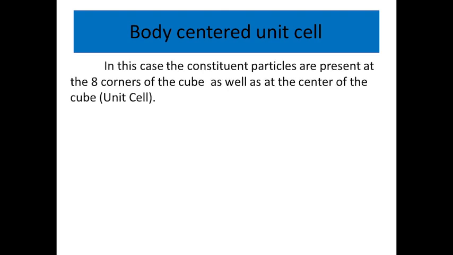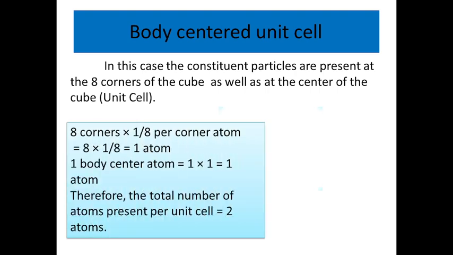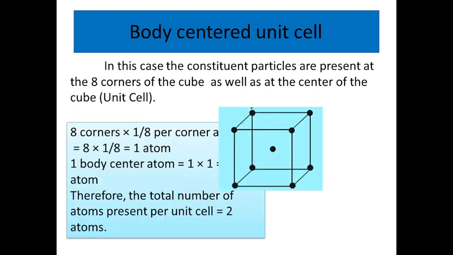Body-centered unit cell. In this case, the constituent particles are present at the 8 corners of the cube as well as at the center of the unit cell. We can see there are 8 atoms at the corners and 1 at the center of the body of the unit cell.